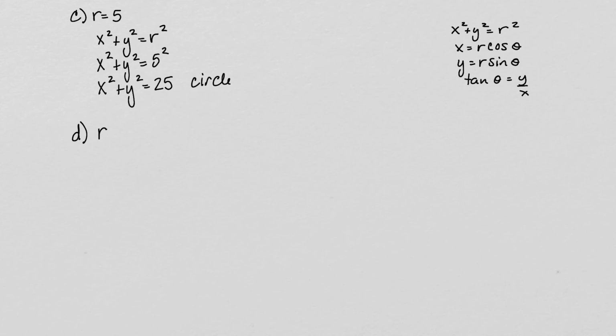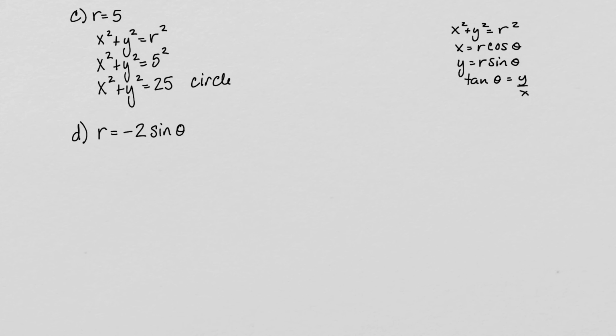D, r is equal to negative 2 sine theta. So this problem, r equals negative 2 sine theta, has an r and a theta, so it's going to take a little more work to figure out what's going on.